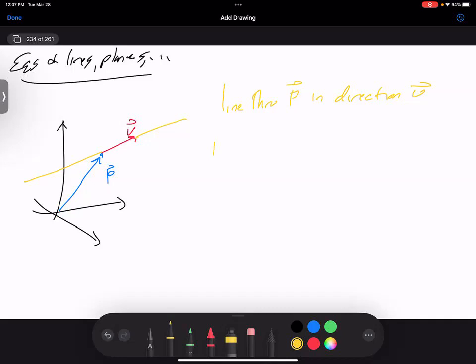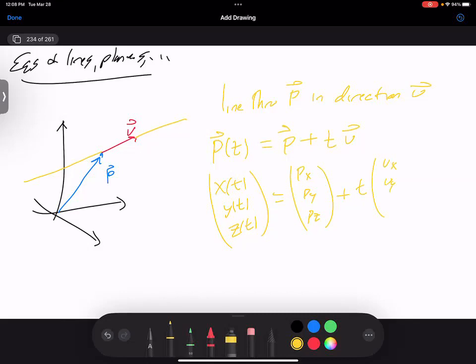So I can have the point at time t be my initial point, P, plus t times V. Or if you want x of t, y of t, z of t, it is my initial point px, py, pz, plus t times vx, vy, vz.